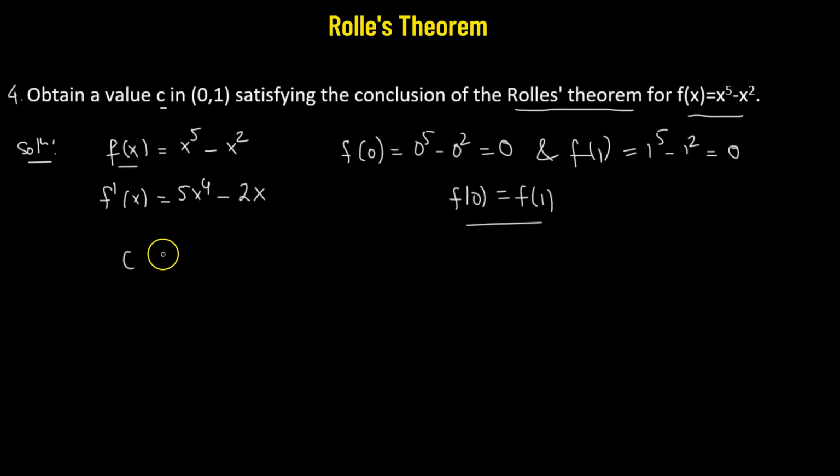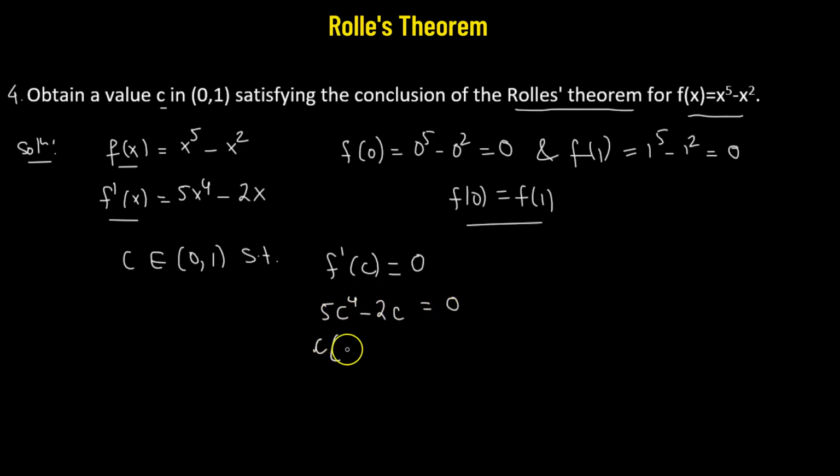That means we need to find the value of c belonging to the interval 0 and 1 such that the slope of the tangent line to the curve f of x at x equals c is equal to 0. From the derivative at x equals c, it will be 5c raised to the power of 4 minus 2c, and this equals 0.